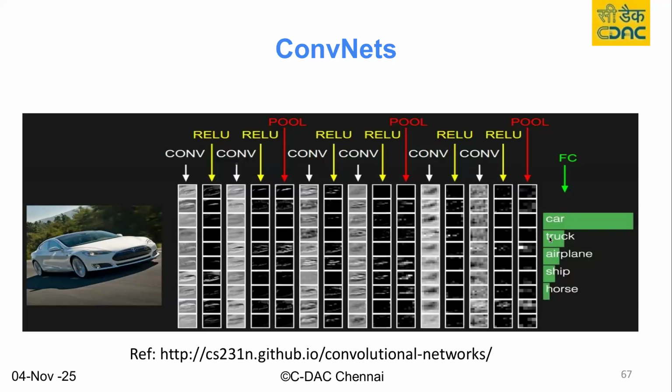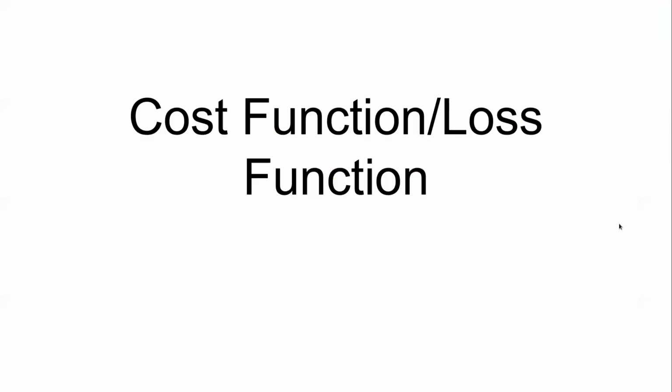Each of the 1,000 neurons will output a value. The maximum output will be car, because a car is present in this input image. So by the probability value, we identify whether an object is present or not.